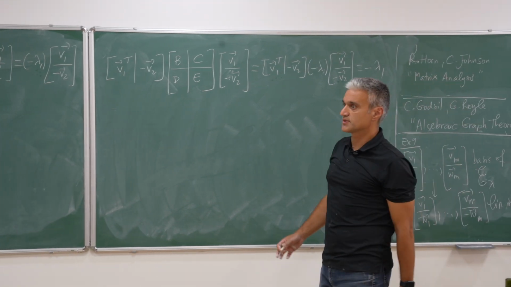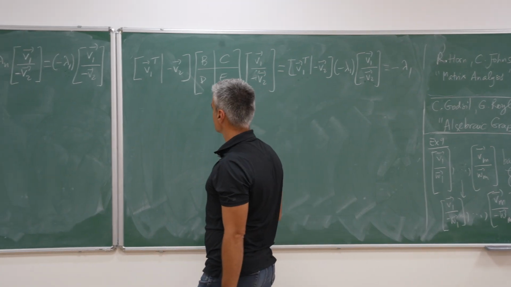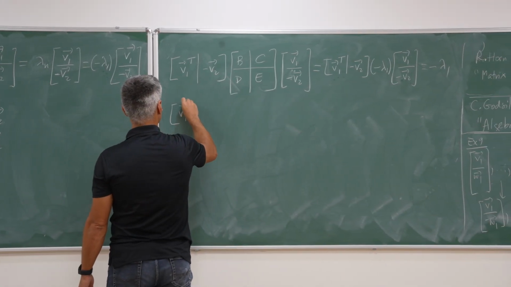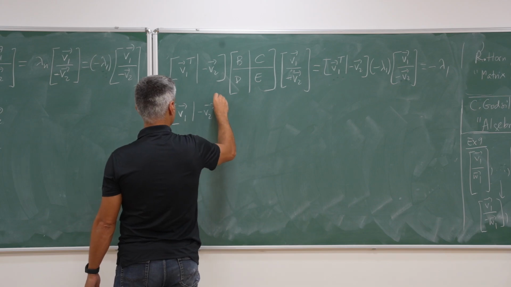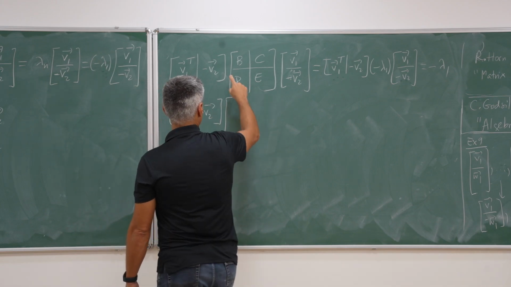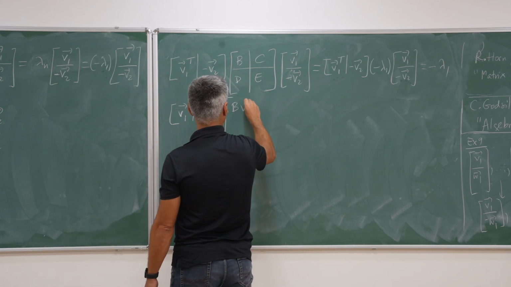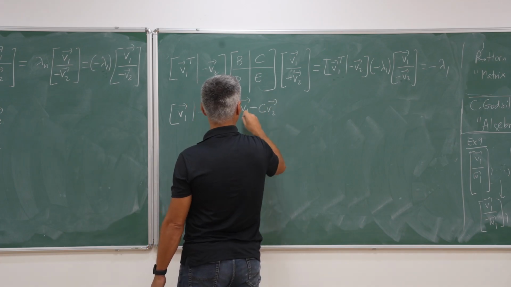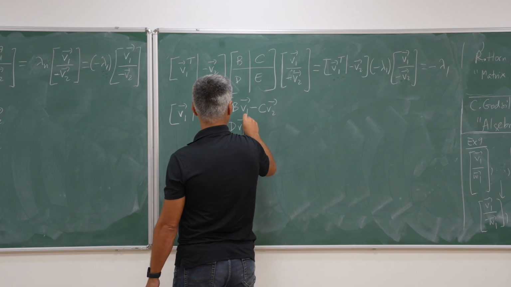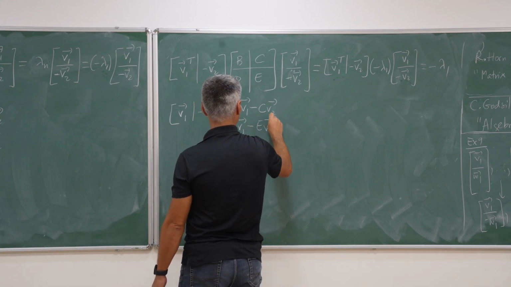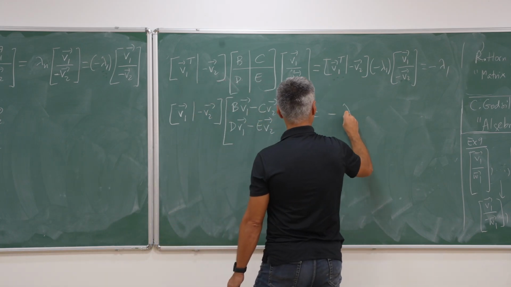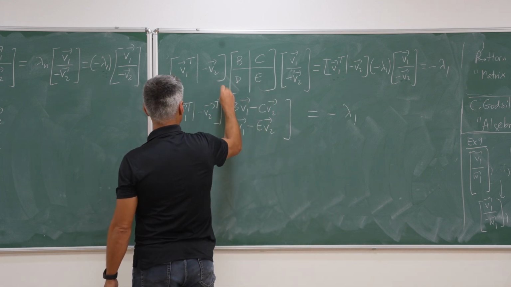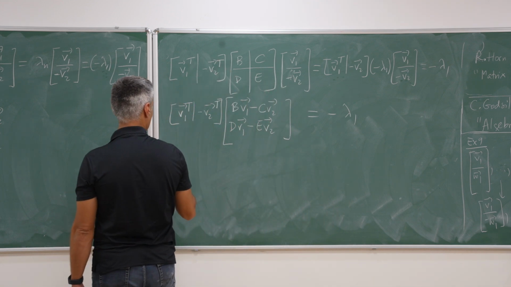And now there's some algebra, but you kind of have to do it. I'm sorry, it's for an afternoon. We have to do some algebra. It's v1 transpose minus v2 transpose times, what do I have here? B v1 minus C v2, D v1 minus E v2, equals minus lambda 1. And one more, this is transpose, this is transpose, this is transpose.